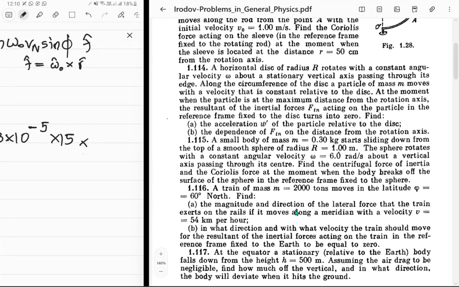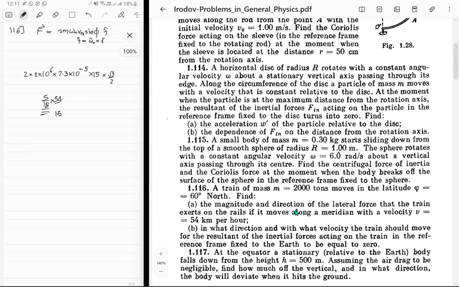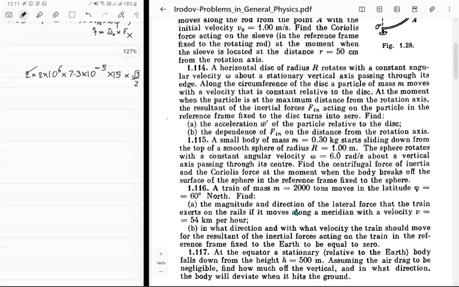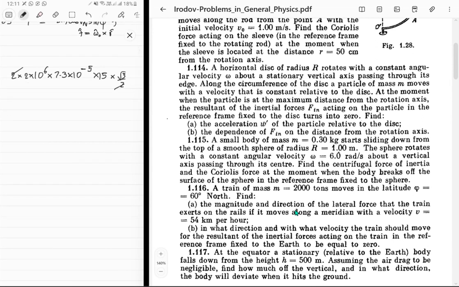So phi is 60 degrees north, so sin phi will just be square root 3 upon 2. This 2 cancels, so this is just 30.